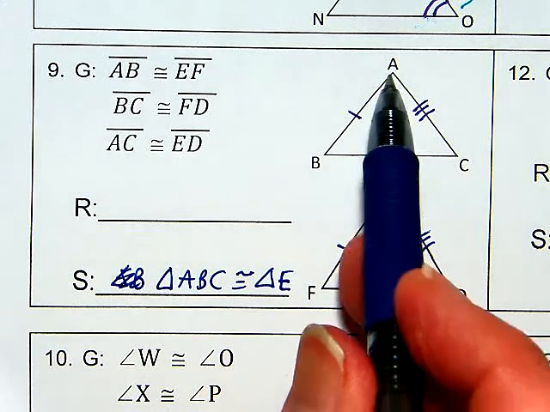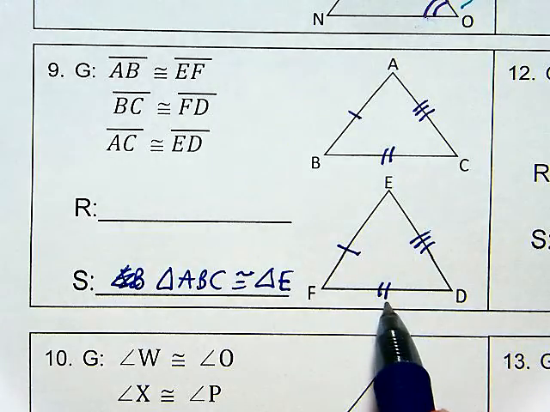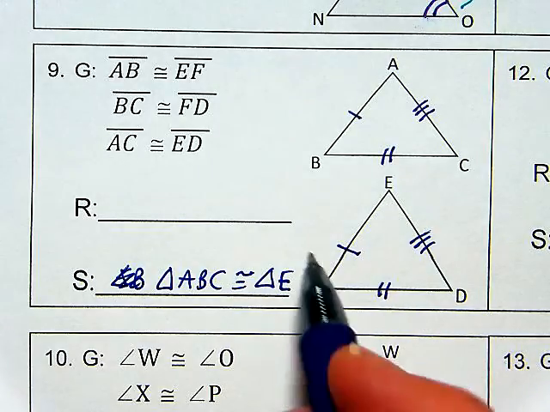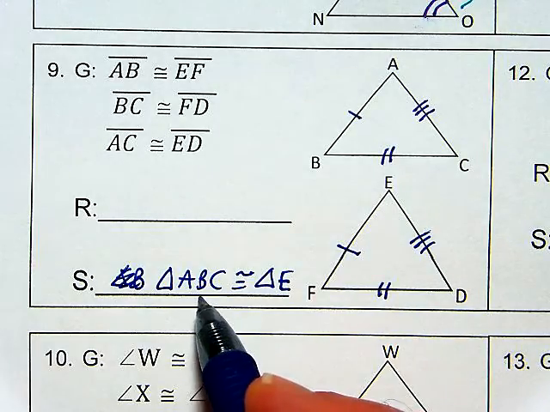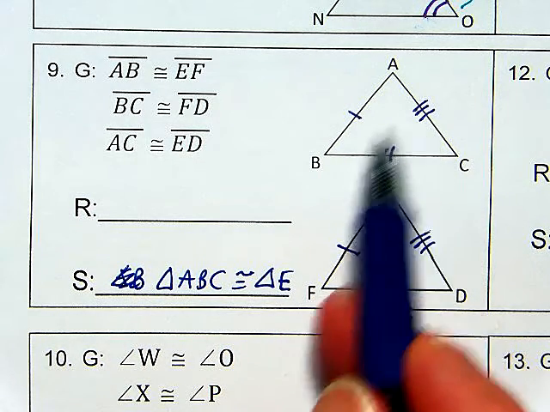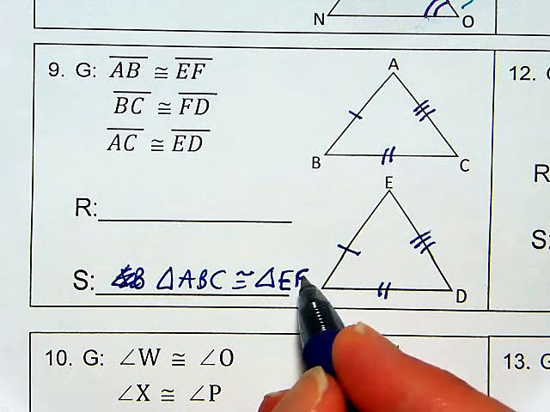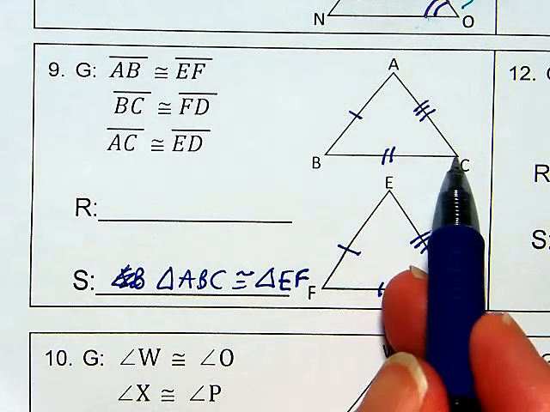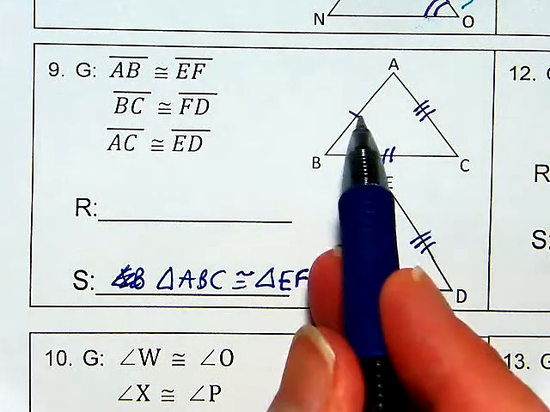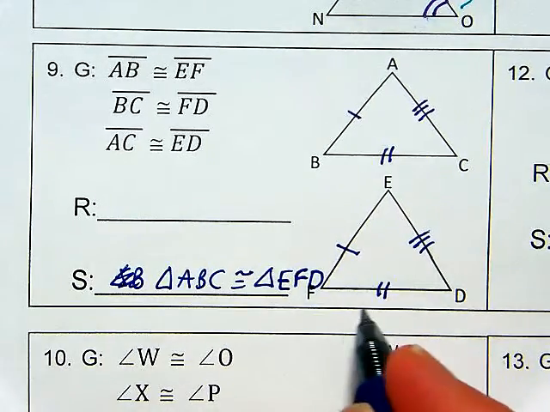A corresponds to E. What about B? B is opposite the triple marked side, and F is opposite the triple marked side, so we would put F next. And then C is opposite the single marked side, and D would be opposite the same single marked side, so we would have EFD.